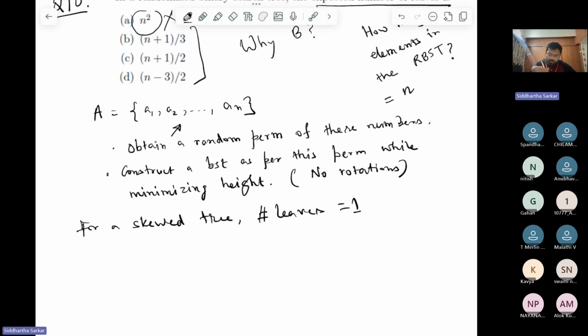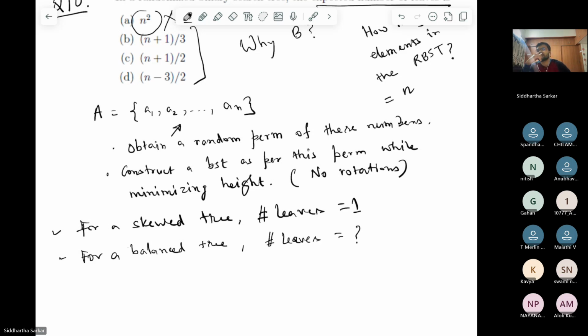Okay, but on the other extreme, for a balanced tree, what is the number of leaves? Suppose there are 15 elements.